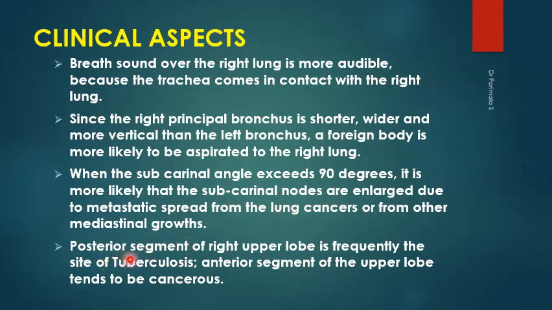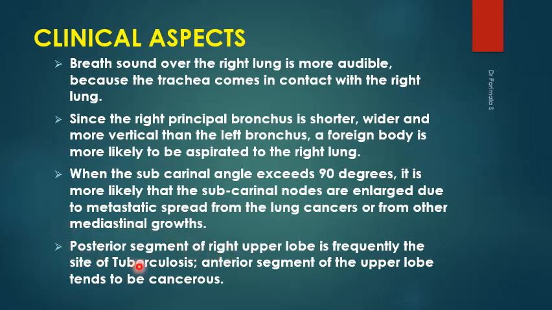The posterior segment of the right upper lobe is frequently the site of tuberculosis. This point you have to remember: the segment of the right lung affected with TB is the posterior segment of the right upper lobe. Right upper lobe, how many segments are there? Apical, anterior, and posterior, right?